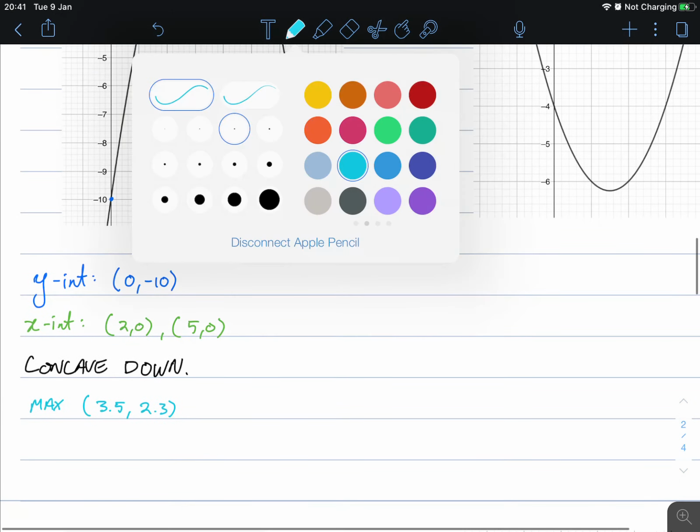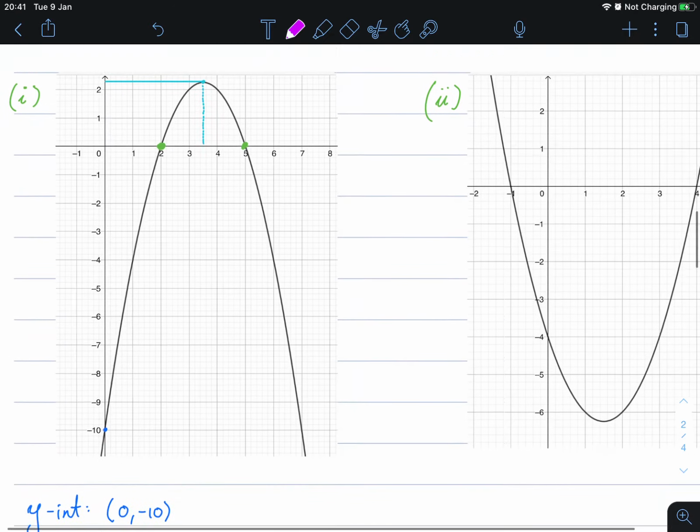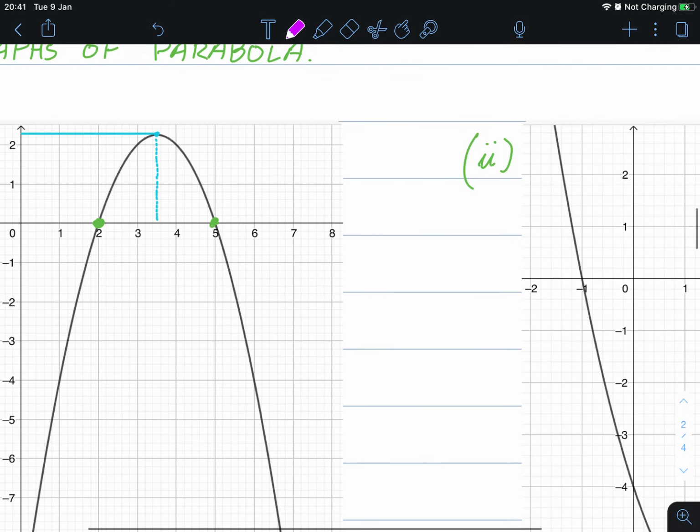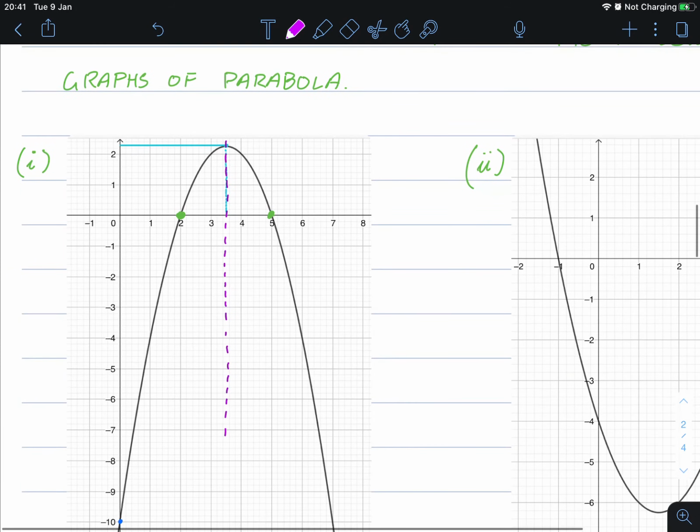And lastly, we have its axis of symmetry. Its axis of symmetry is exactly where the vertex is. There it is, and we can label that as the same x value as the vertex.